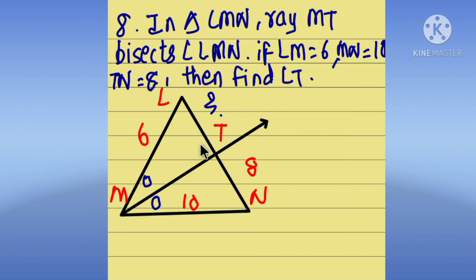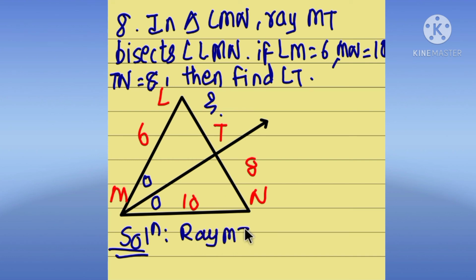And here the measures of the remaining two sides are given, and one part of LN, that means segment TN, is given, and we have to find LT. So we can find it so easily. We are using the property of angle bisector here. Why are we using that property? First of all, we have to write all that given part here. So we start the solution with that given part.